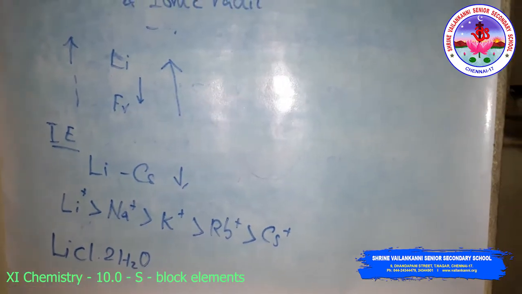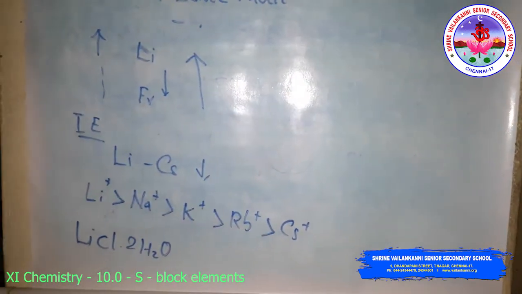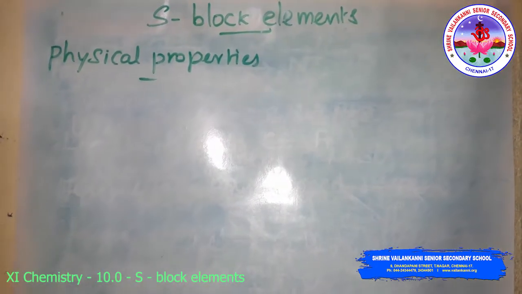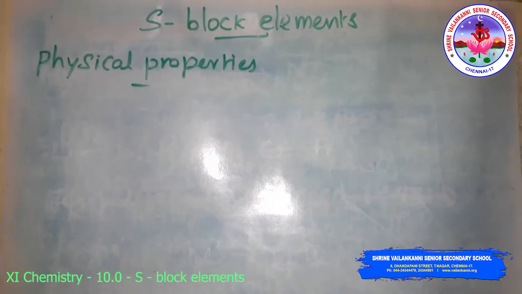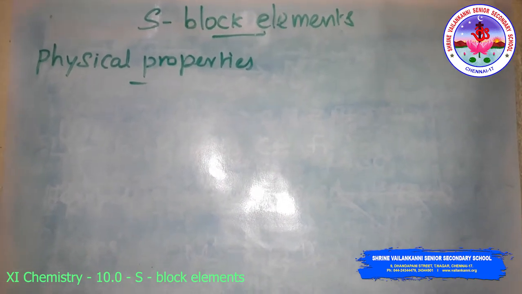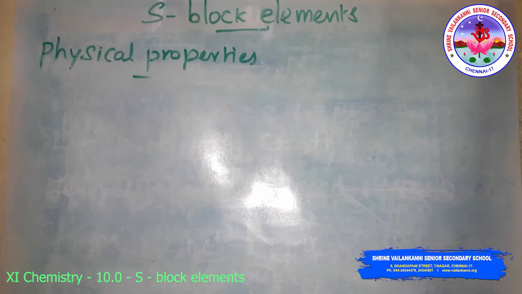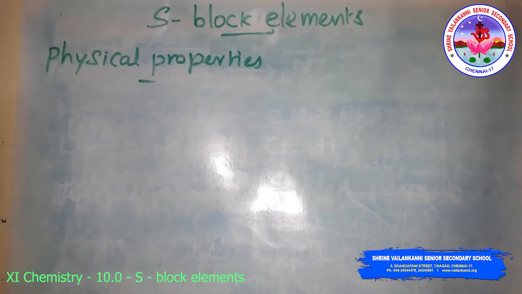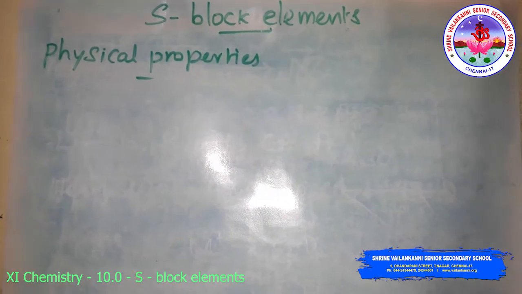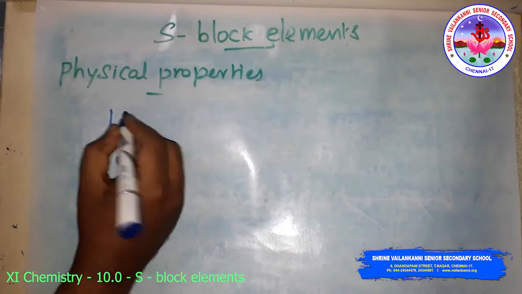Next are the physical properties. All alkali metals are silvery white in nature, and also soft and light metals. Because of their large size, these elements have low density, which increases down the group from lithium to cesium.